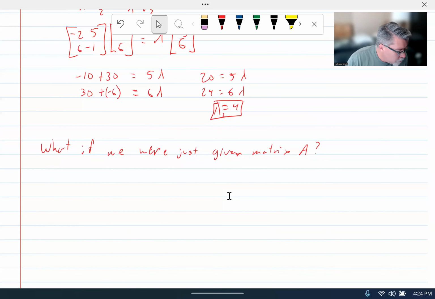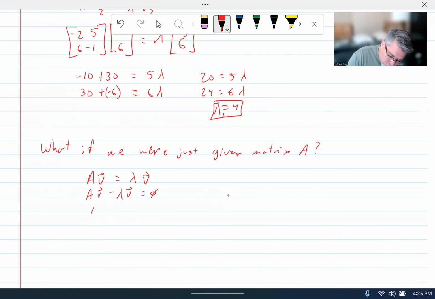Okay, so if we have just AV is equal to lambda V, then if I subtract lambda V from both sides, AV minus lambda V is equal to 0. And so what I get is A minus lambda, times vector V is equal to 0.